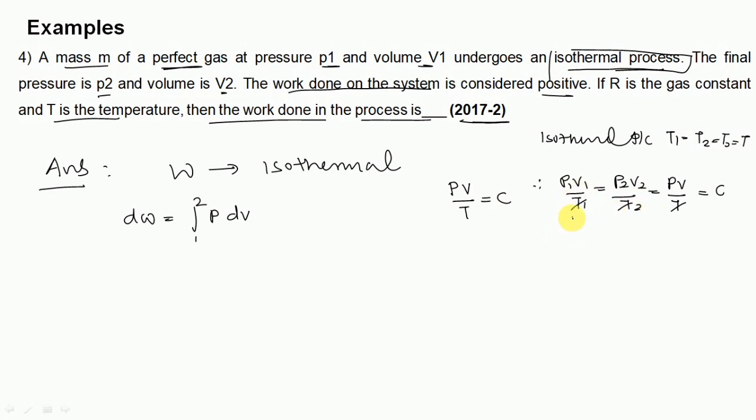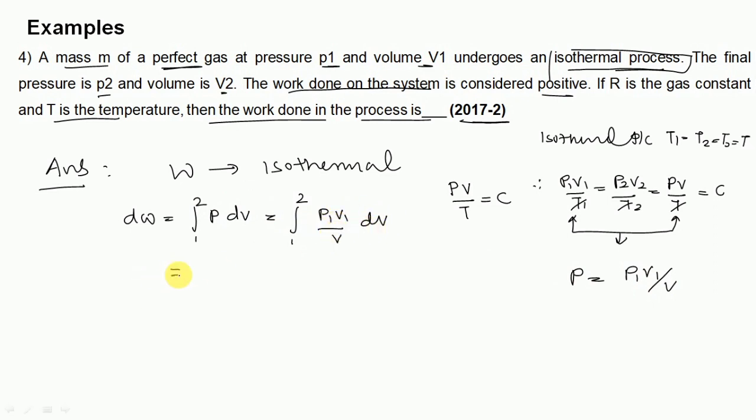So from equations 1 and 3 I can write over here P equals P1 V1 upon V. Put this value in this equation. So integration 1 to 2 of P1 V1 upon V into dV.